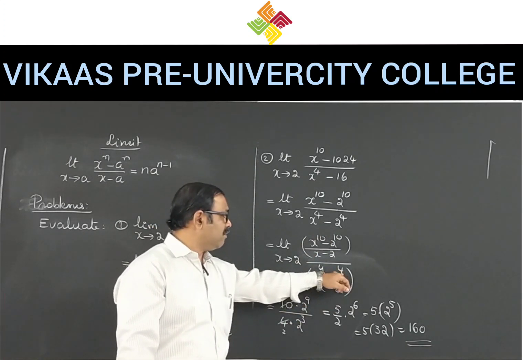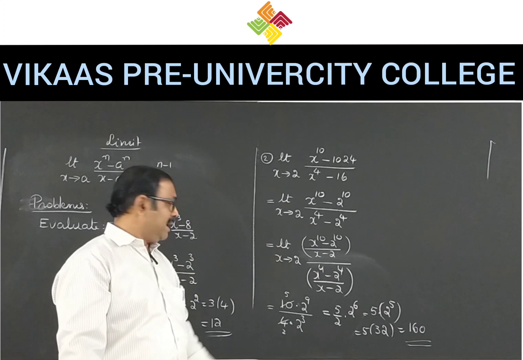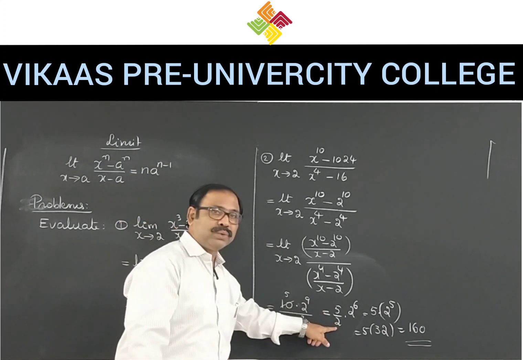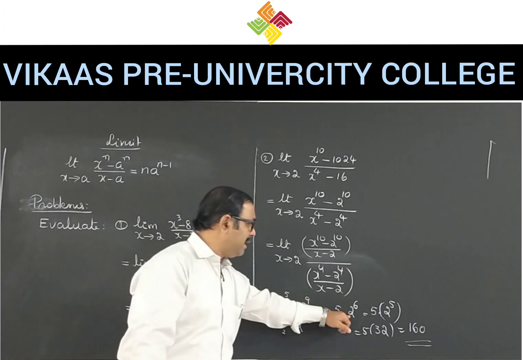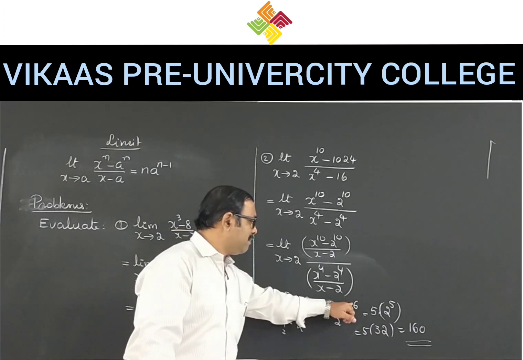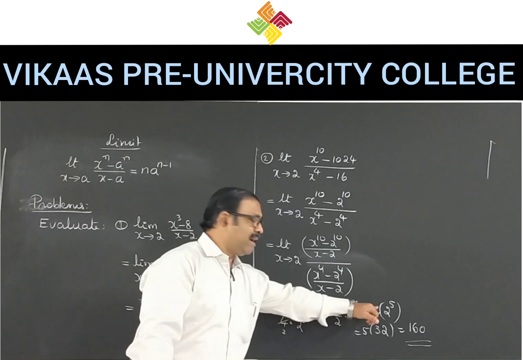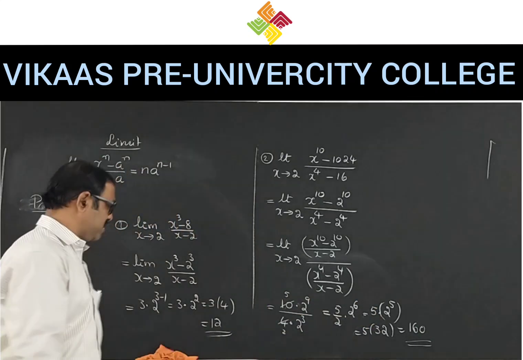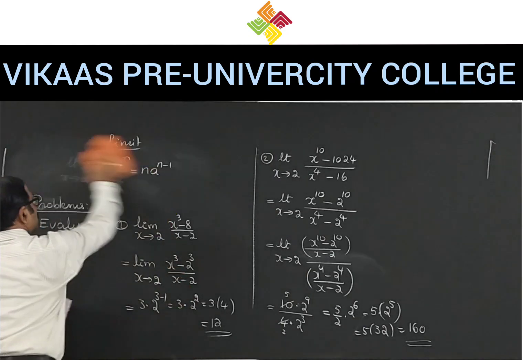Similarly, the denominator is 4 into 2 power 3. It becomes 5 by 2 into 2 power 6, so the power cancels, 5 into 2 power 5. The answer is 160. Follow this.